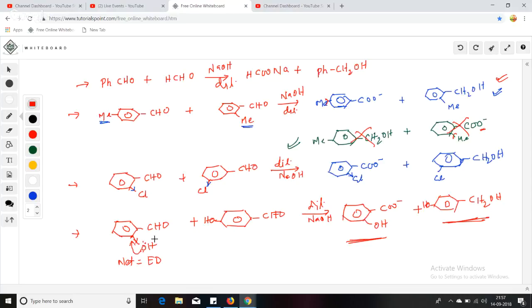If suppose any alkyl group is present on the carbonyl carbon, then the alkyl group has plus I nature. Because of the plus I nature of the alkyl group, the electron density on the carbon atom increases, and removal of H minus will be difficult over there. I'll discuss one or two examples on this that you have asked. Just give me 1 second.